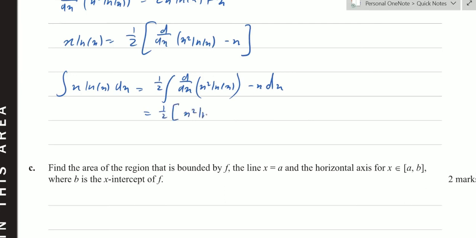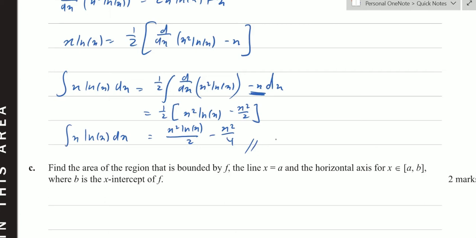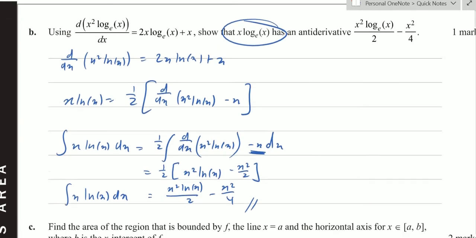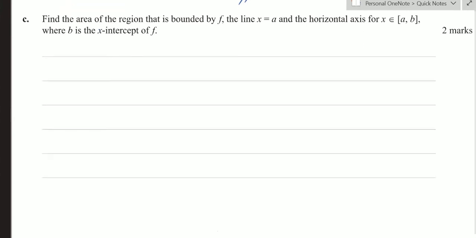So this would be x squared ln x, but we actually have to differentiate this part because it's not d/dx of something. But we easily know it's just x squared on 2, and if we expand this, x squared on 4, the integral of x ln x dx, and we get what they wanted. So that's all we have to do.